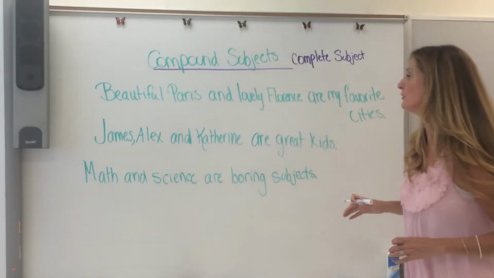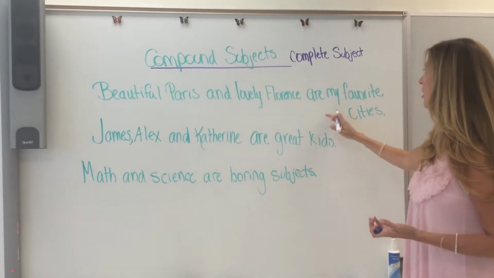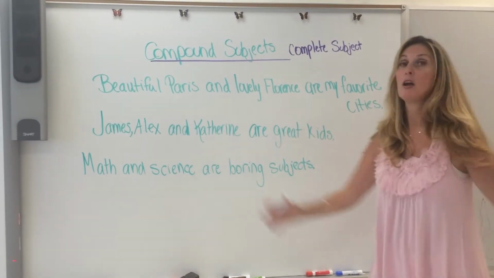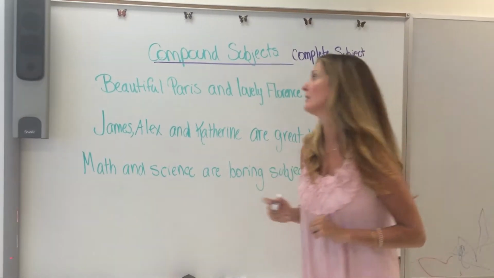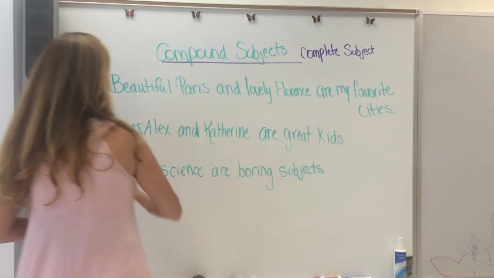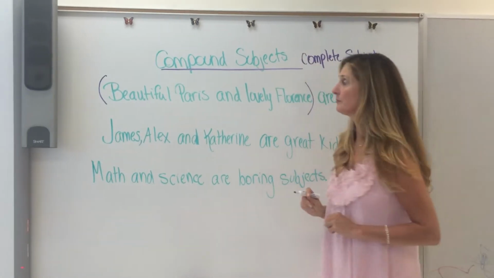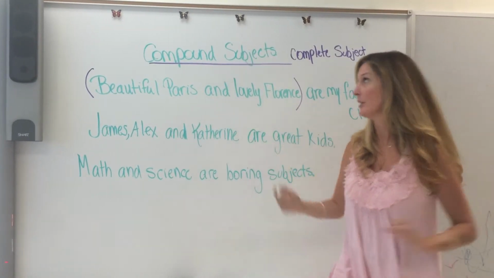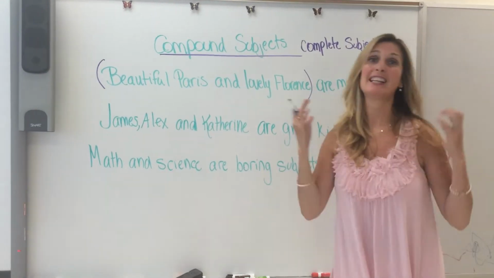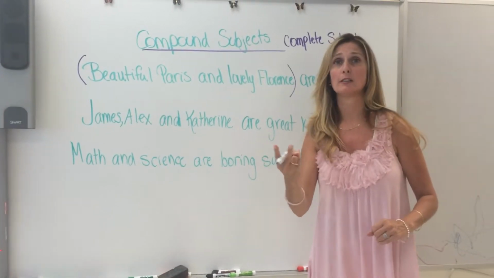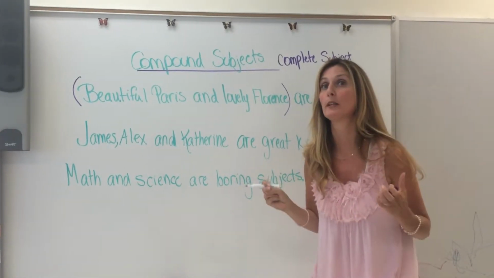Here's our sentence. Beautiful Paris and lovely Florence are my favorite cities. Now, the complete subject of this sentence is beautiful Paris and lovely Florence. That's our complete subject. But I noticed that I have two subjects in this complete subject. What are my two subjects?